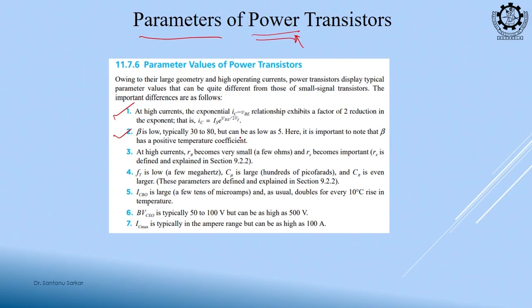At high currents, R pi becomes very small. Ft is low, your main target is large power, you are not going for high frequency. So, its unity cutoff frequency is much lower.